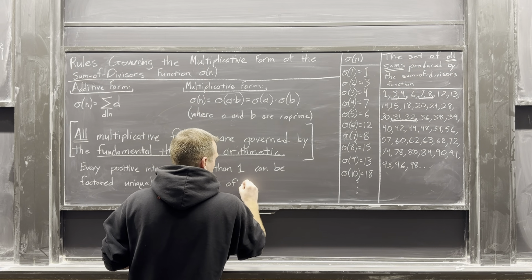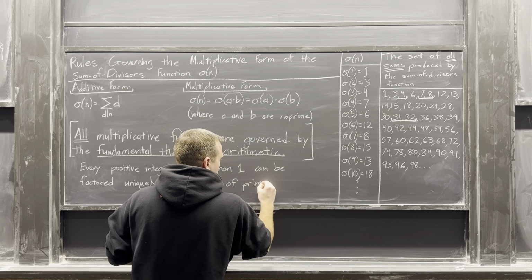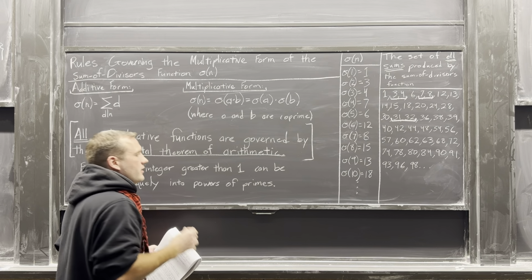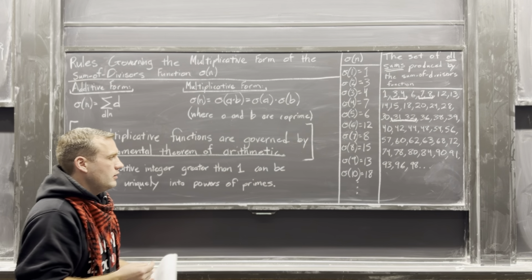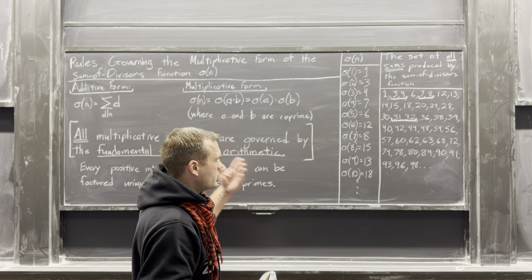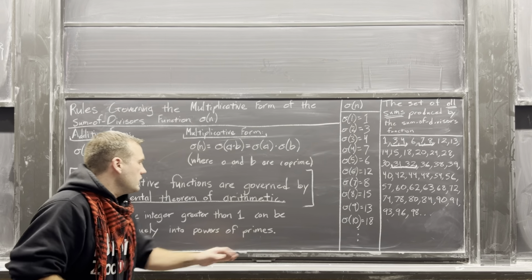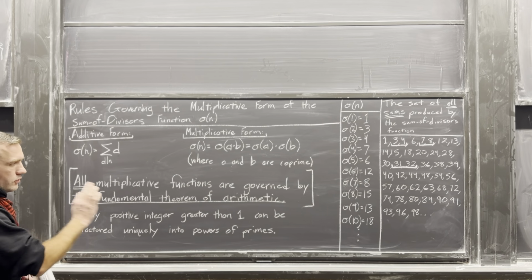So every positive integer has a unique factorization that is unique to itself and only itself. It gets no other number, right? So this is an important concept, an extremely important concept.